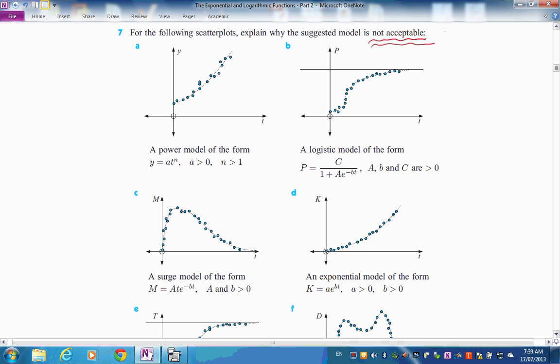They might particularly look at where, when t equals 0, is the starting point about right? And then look at the other properties of the functions and whether the data is showing those properties. All right, so have a look at 7, that's A, B, C, D.